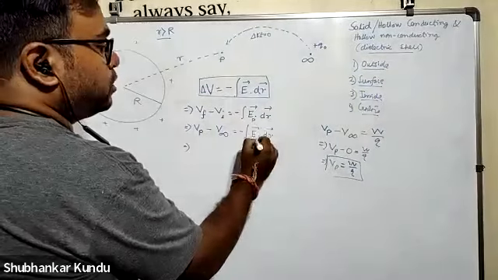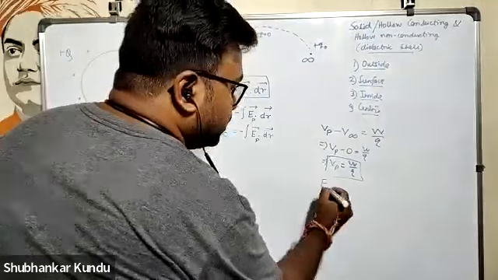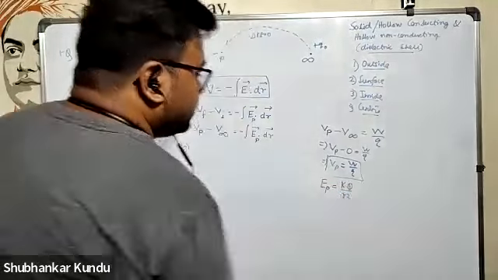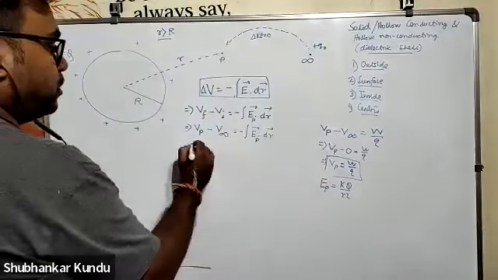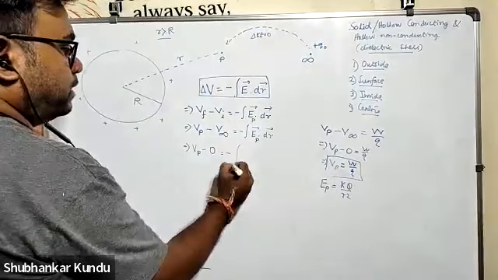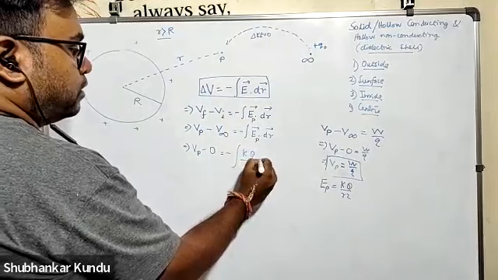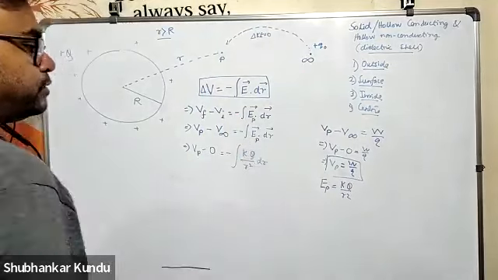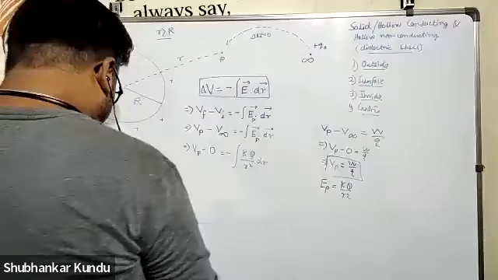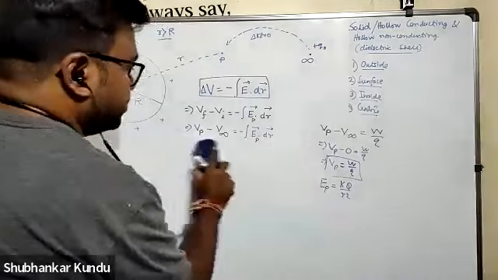Electric field at P. The electric field outside the sphere is given as KQ/r². So Vp - 0 = -∫KQ/r² dr. Let me write this down later on.